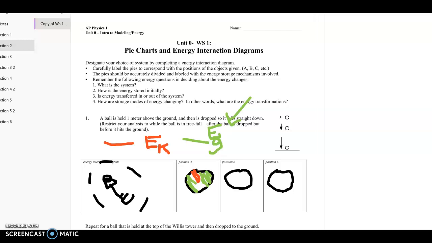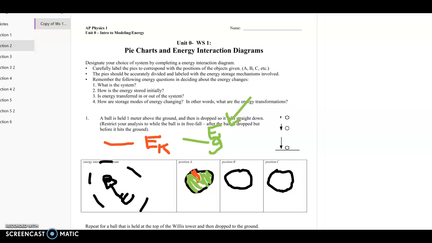So we can see that at position A, this ball is mostly gravitational potential energy, and I'm assuming it's moving a little bit. What if you drew the whole pie green? Well, you could say, hey, you're assuming it's released from rest. It's not moving at all when it starts. But I assumed it was moving. Okay, yay. All right, so then at position B, I know it's faster, right?